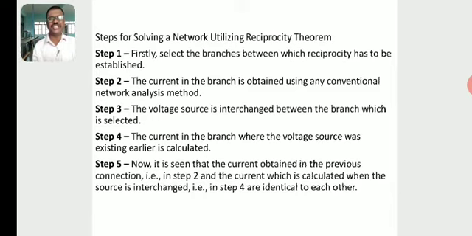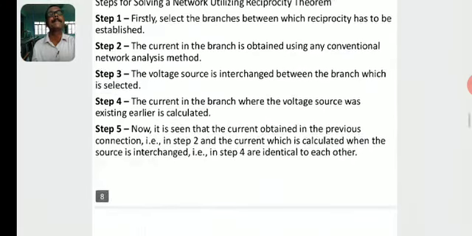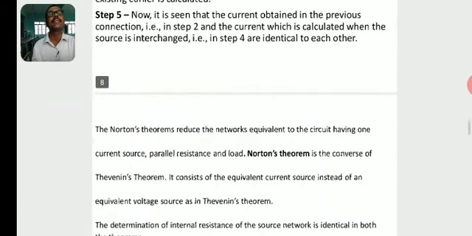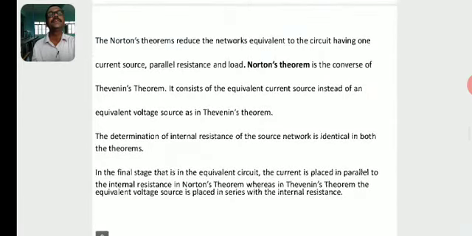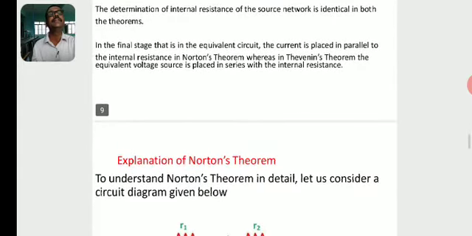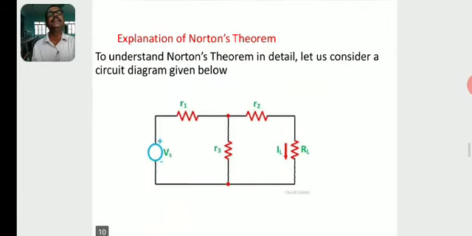So before interchanging and after interchanging, in both cases the current obtained is identical. Already we discussed this matter. Now you come to the point, an explanation of Norton's theorem.